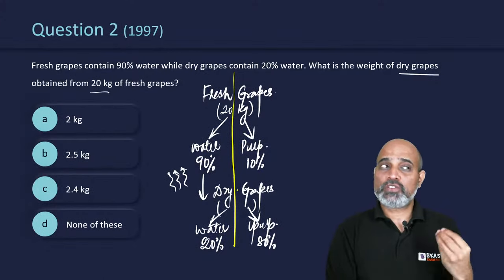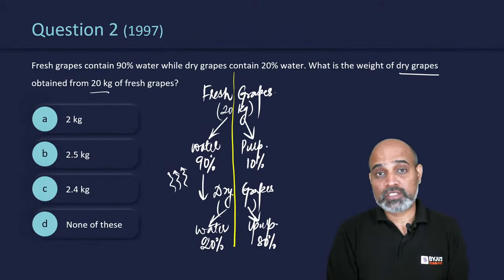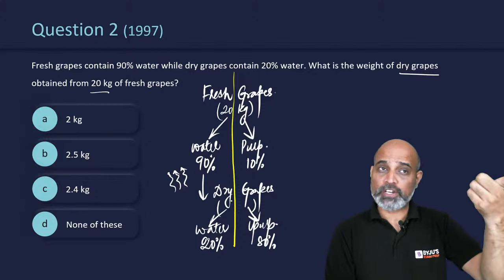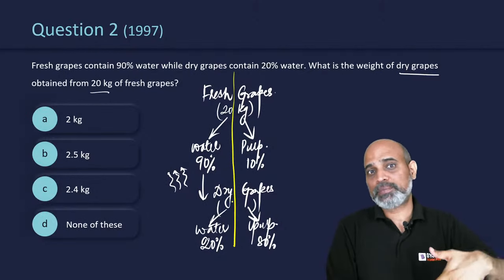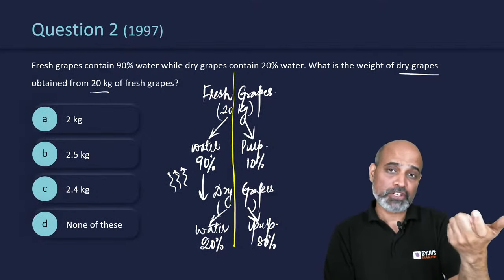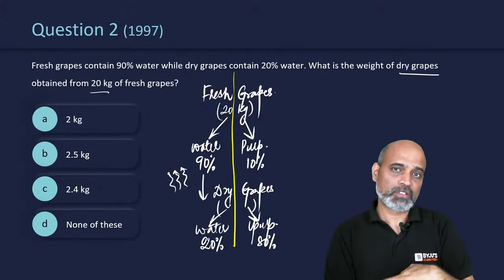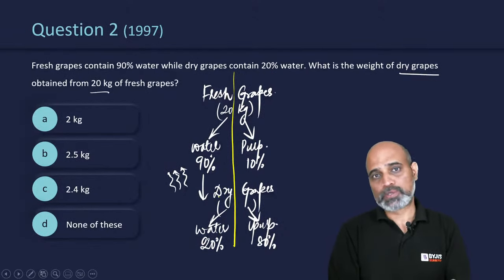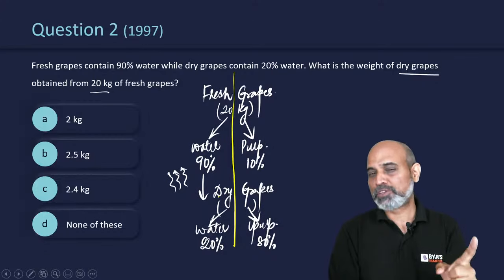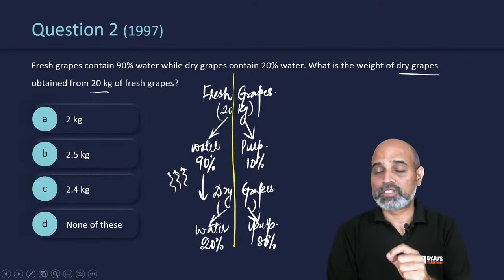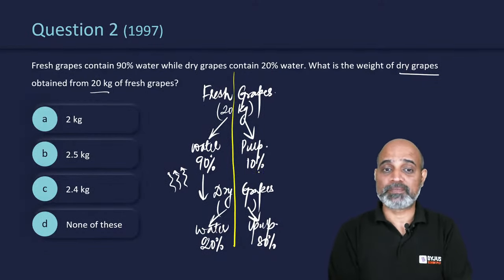So which one is going to remain constant? Water in fresh grapes is the same as water in dry grapes, or pulp in fresh grapes is the same as pulp in dry grapes. Whichever remains the same, we will use that. Actually, we can use either, but it will be easier if we use the component which remains the same.